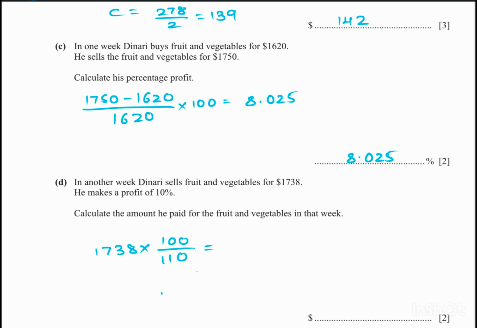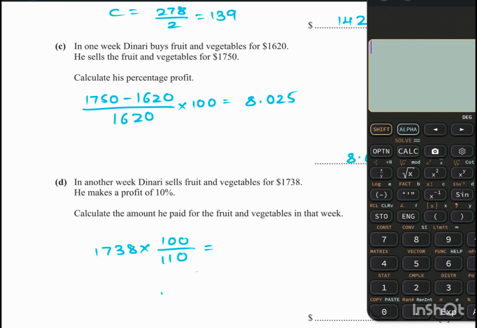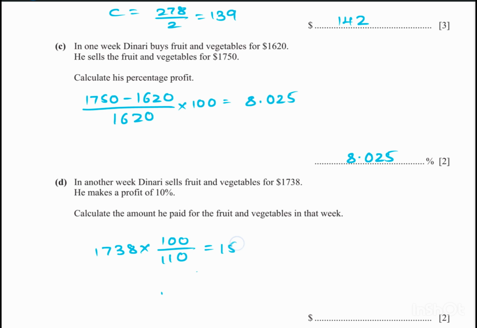So use this formula here, directly you will get the answer. 1738 into 100 divided by 110 is equal to 1580. So 1580 was the original amount that he paid for buying those fruits and vegetables. This is the answer.